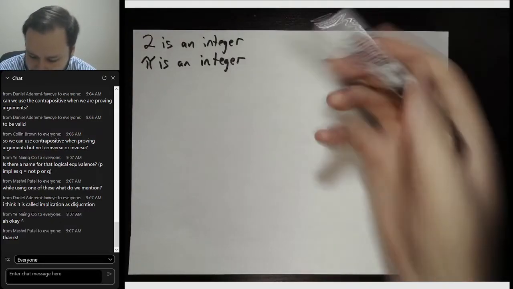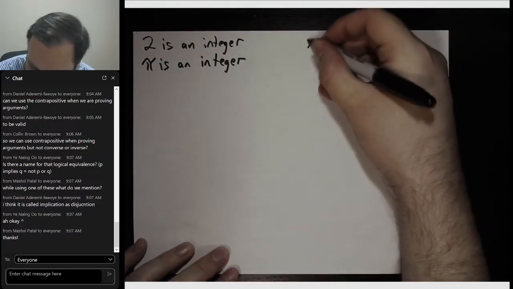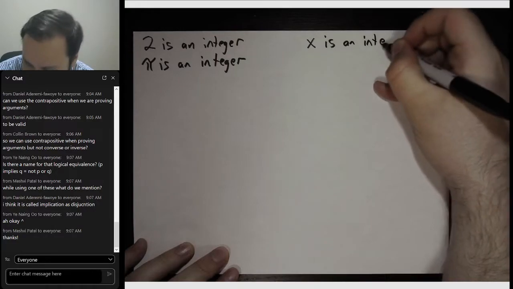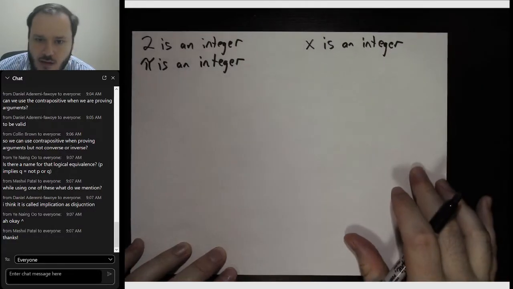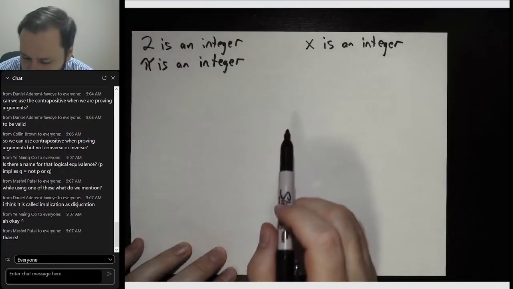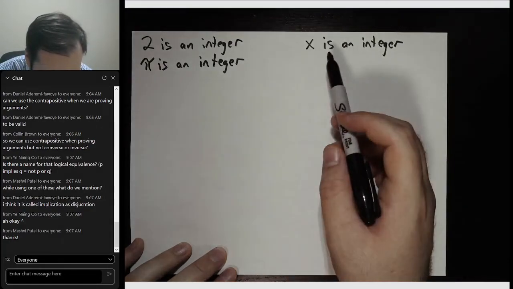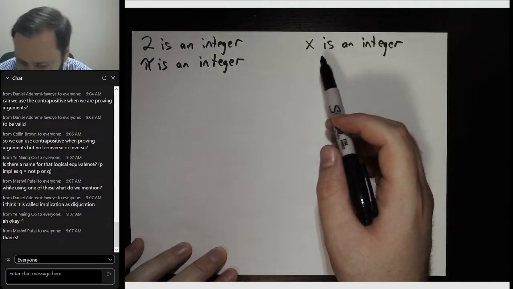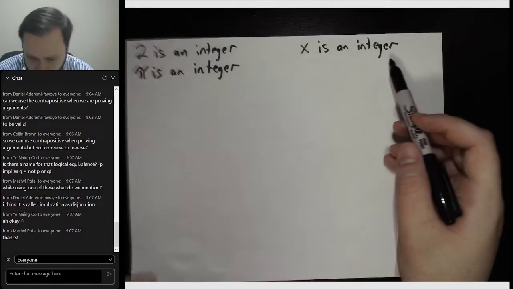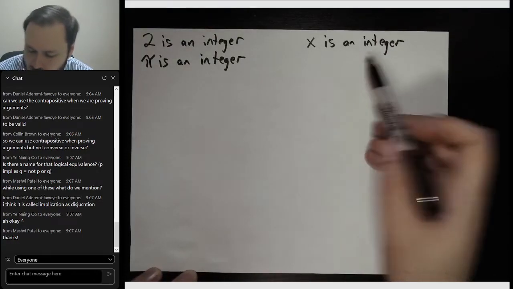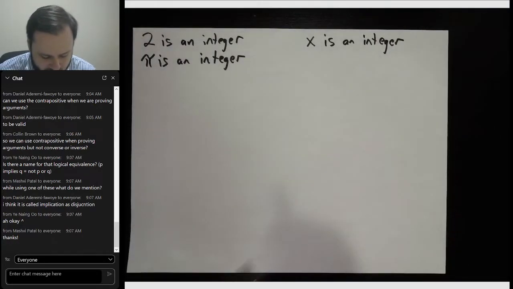But they're both propositions, and we distinguish that from something like x is an integer, because this statement wasn't true or false, right? It depended on the value of x in order to figure out if it was true or false. However, if we pick a value for x, then this becomes a proposition.